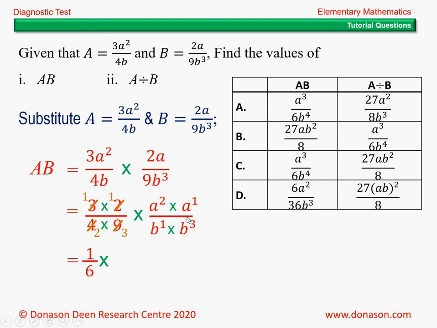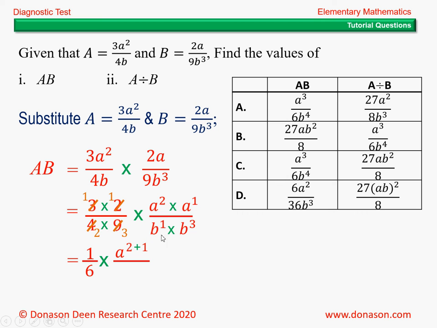A times a times a altogether is a to the power of 3. A simpler way to do it is a to the power of 2 times a to the power of 1, because we can simply add up the powers: 2 plus 1 is 3.